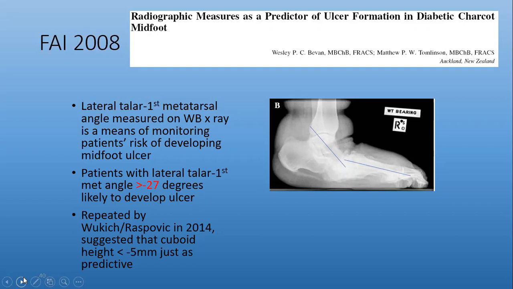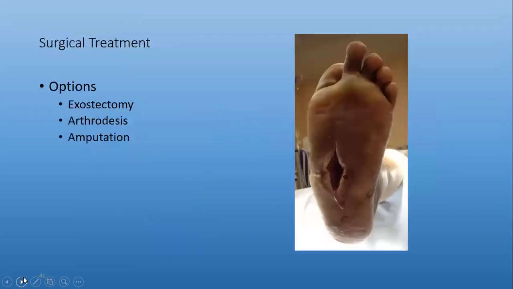So whether it's a tendo-Achilles lengthening, whether it's a gastroc recession, or if it's severe enough, considering doing a complete Achilles tenotomy, or a rupture of the Achilles, and then doing an ankle fusion on that patient in a good calcaneal positioning. So surgical options: exostectomies, arthrodesis, and amputations.